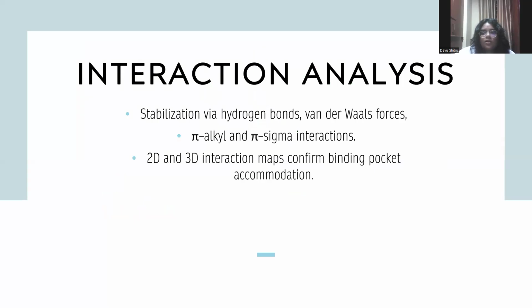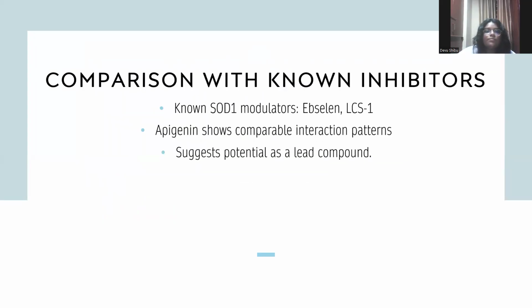So what can we interpret from this interaction? We can see that the ligand is stabilized to the protein by hydrogen bonds, van der Waals forces, pi alkyl and pi sigma interactions. It confirms the accommodation of the ligand to the protein pocket.